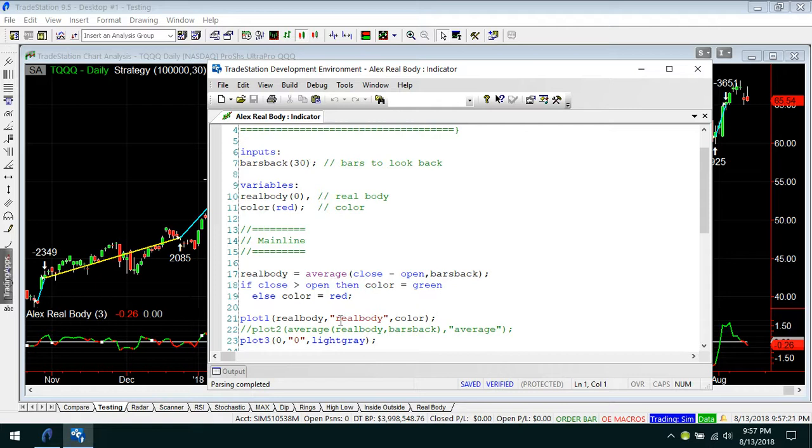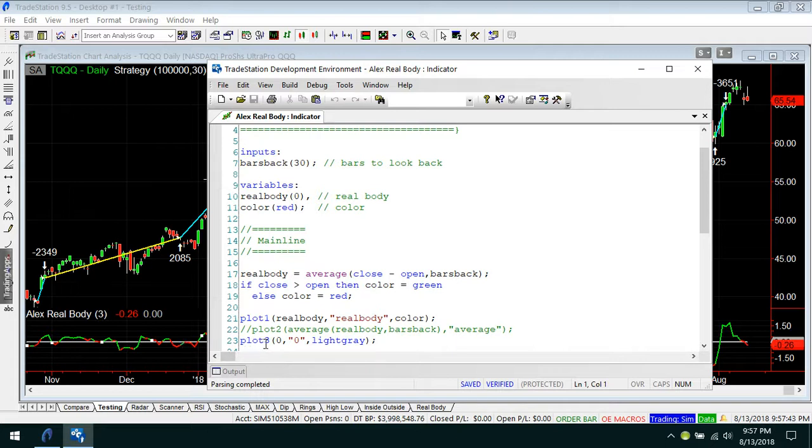All we're really doing here is saying Real Body is the average of close minus open for so many bars back. And if you make that a big number, then the curve that you see here will smooth out quite a bit. If you make it a small number, that curve will be very choppy.